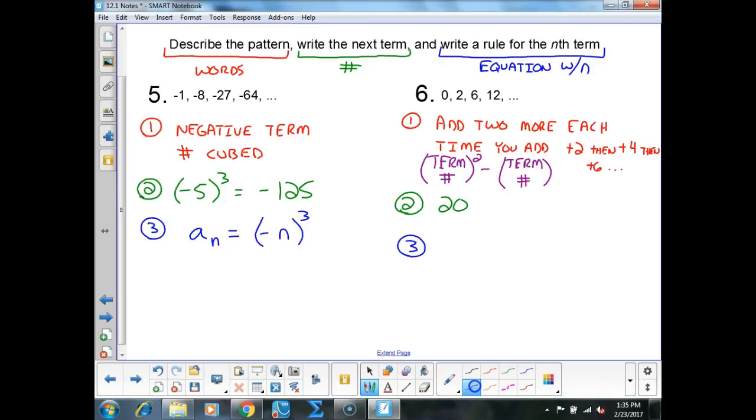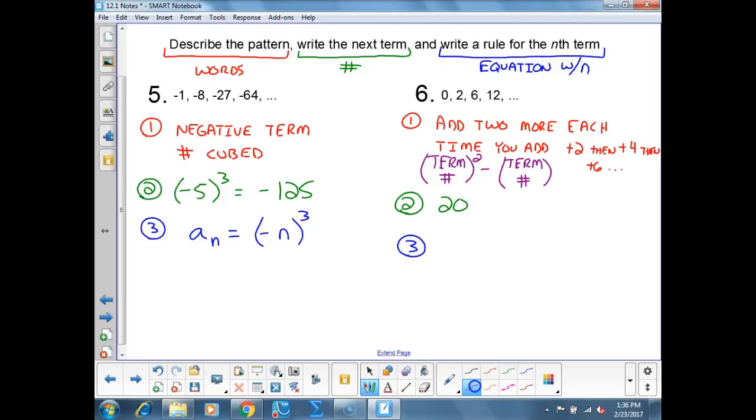So first term is 1 squared minus 1, which is 0. Second term, 2 squared is 4 minus 2 is 2. Third term is 3 squared minus 3, 6. Fourth term, 4 squared minus 4 is 12.